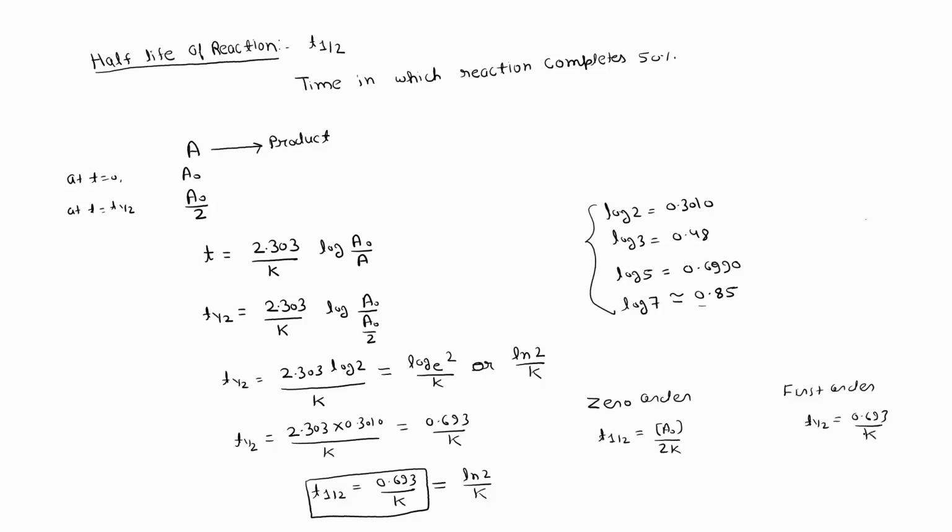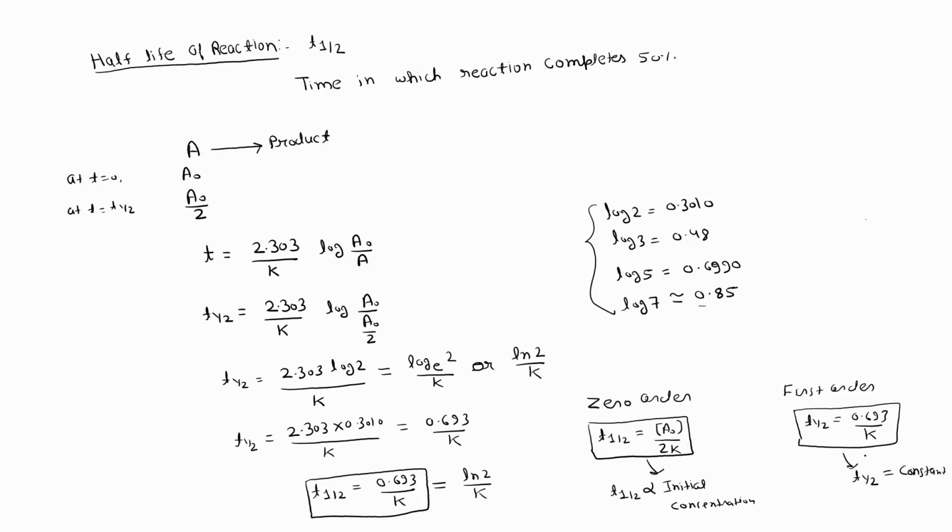So here we can say for zero order, T half is directly proportional to initial concentration, whereas in first order kinetics, T half is constant.